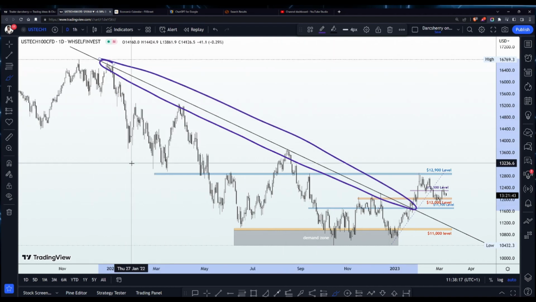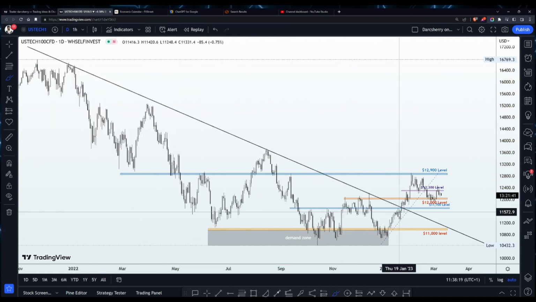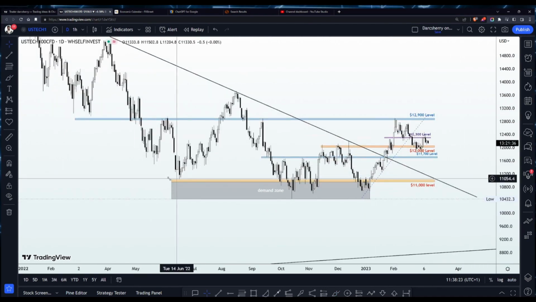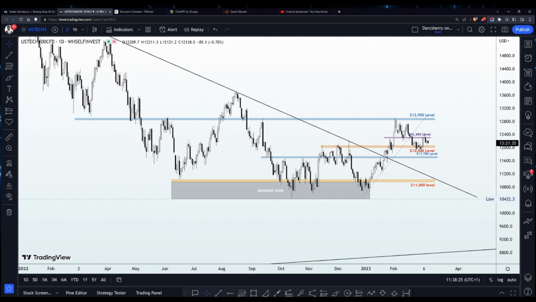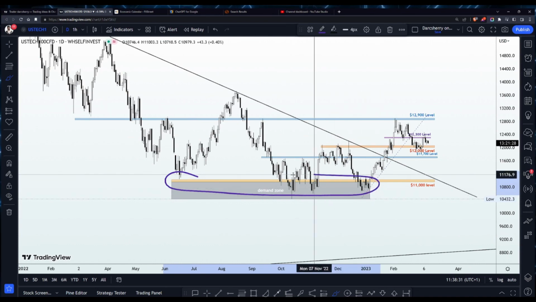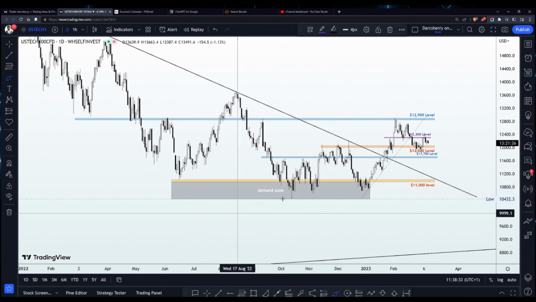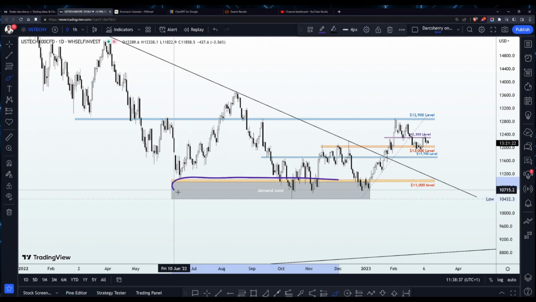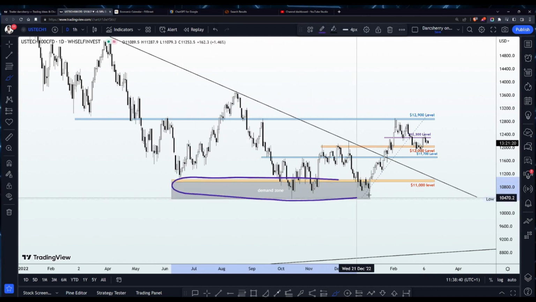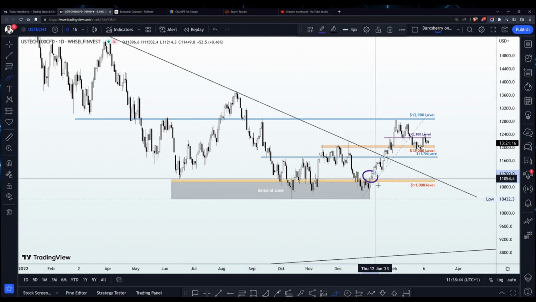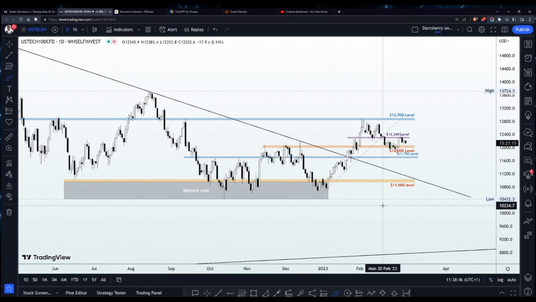Now, things got more interesting during the month of June/July, as we can see how the 11,000 area negated all attempts by the sellers to continue to the downside. And as a result of this, we saw accumulation of buy pressure around the 11,000 area, which lasted about 6 months before we finally saw the breakout of that 11,000 during the first day of this year.